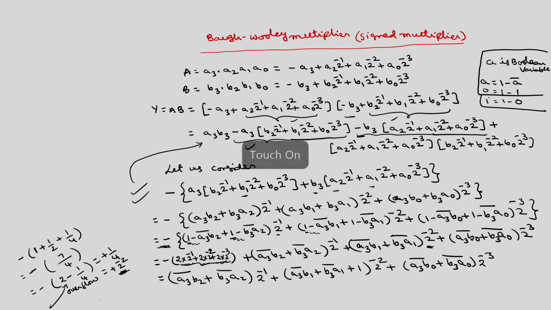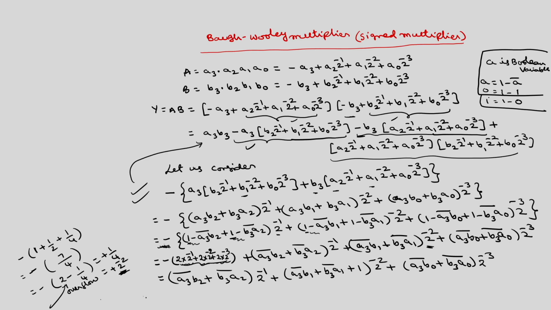A3 B3 is signed term plus we have 2 more terms. So, this term as it is A2 plus A2 2 raised to the power of minus 1 plus A1 2 raised to the power of minus 2 plus A0 2 raised to the power of minus 3 into B2 2 raised to the power of minus 1 plus B1 2 raised to the power of minus 2 plus B0 2 raised to the power of minus 3 plus the remaining thing we have simplified to this value.